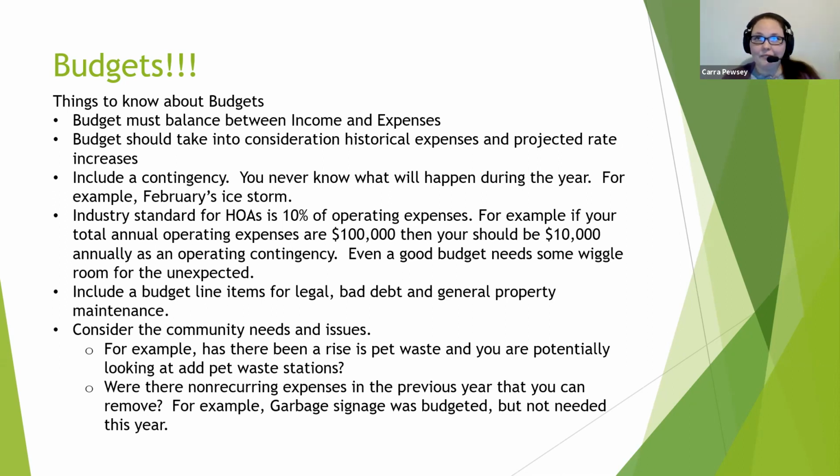But I have seen associations not fund for maintenance and then have a whole bunch of maintenance expenses. So just be realistic with it. If you're going to have those one-time expenses come up, property maintenance is definitely a line item to make sure is funded.